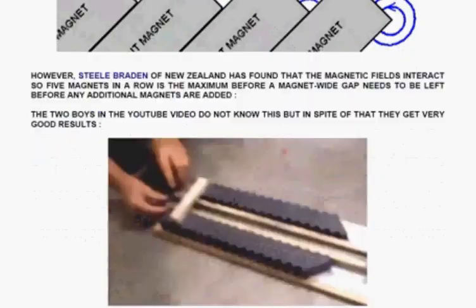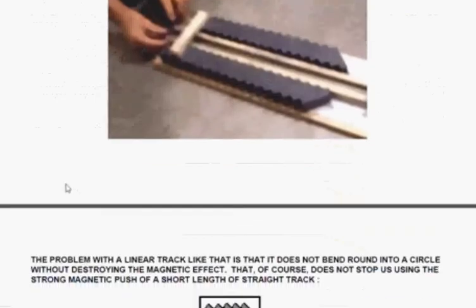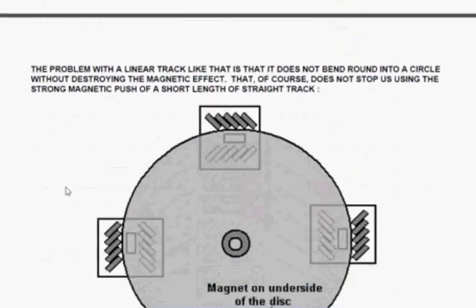There are 2 boys on a YouTube video in the web. They didn't know this, but in spite of that, they got very good results with a row of magnets angled at 45 degrees. Now, the thing is, with a linear magnetic track like that, you can't bend it round into a circle without destroying the magnetic effect.